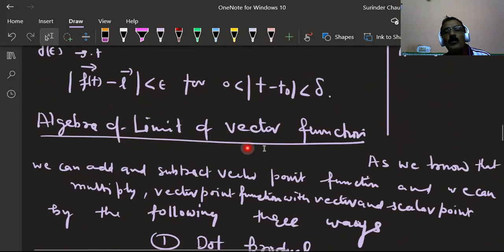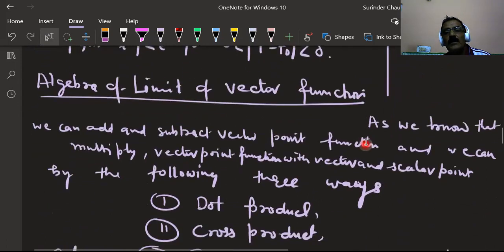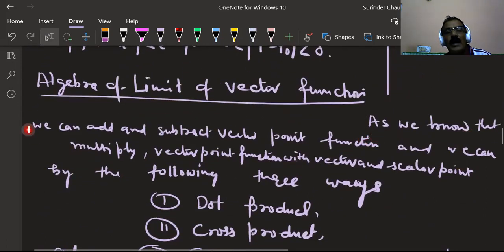Now the algebra of limits of vector functions. As we know, we can add and subtract vector point functions, and we can multiply them. Multiplication will be of three types.